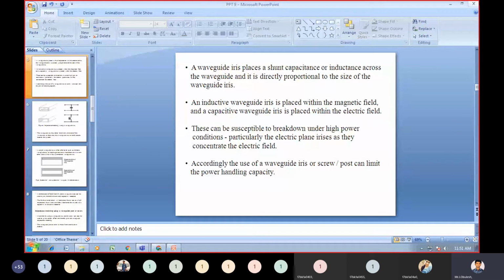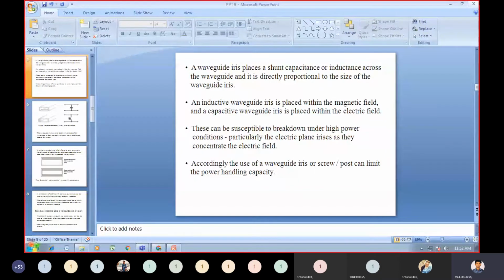An inductive waveguide iris is placed within the magnetic field. If you want to place a capacitive waveguide iris, it is placed within the electric field.